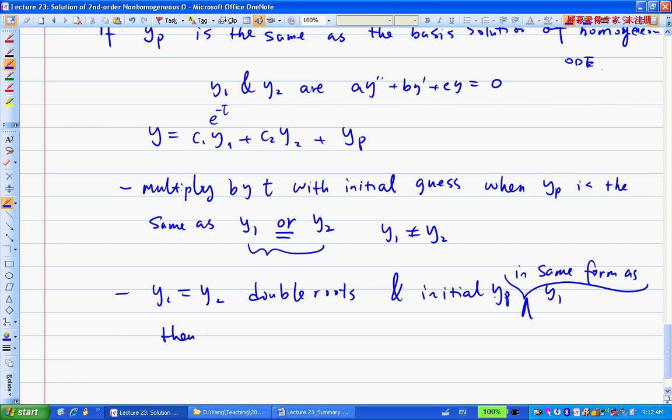So basically, just keep multiplying by another t. So multiply the initial guess by t squared.